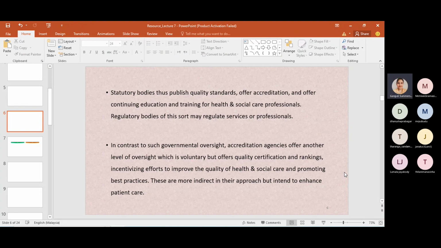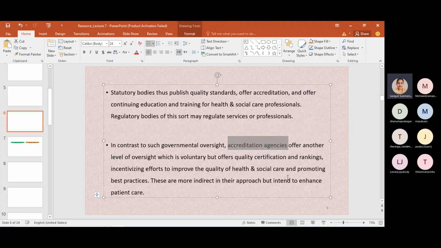Sometimes in notices or advertisements, people mention that our medical laboratory is accredited. This accreditation is provided by accreditation agencies. These are the agencies that provide accreditation to companies, workplaces, laboratories, or whatever.